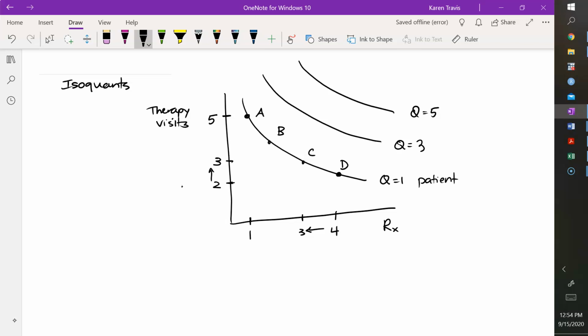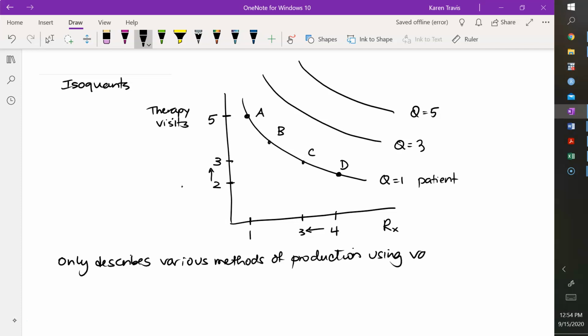This is the essential framework of an isoquant, and it only describes various methods of production, using various resources.